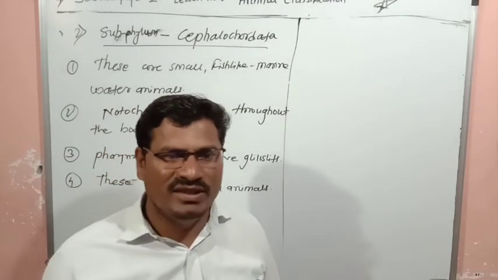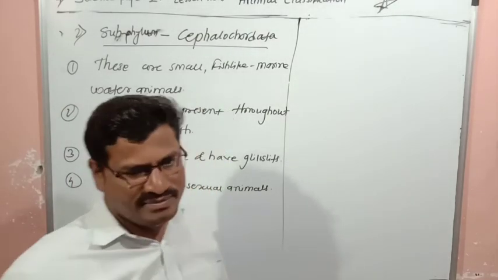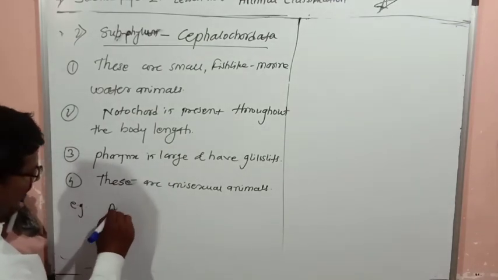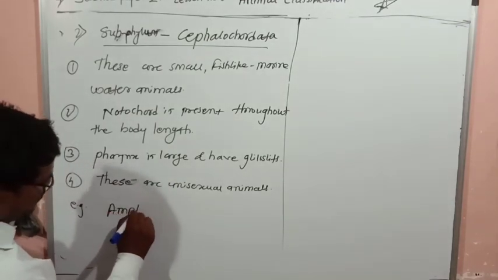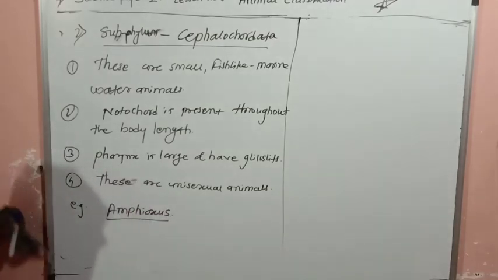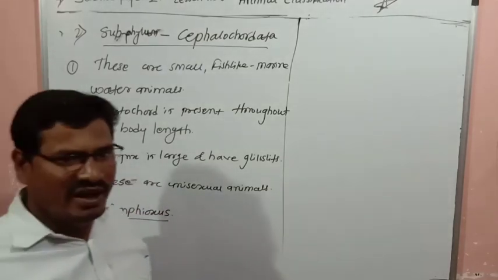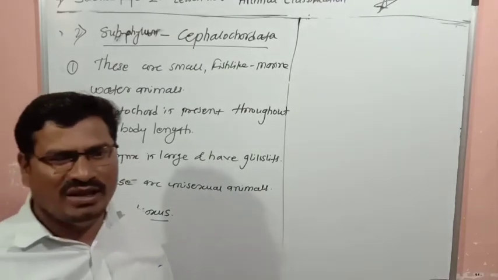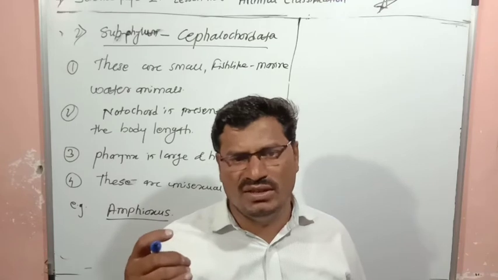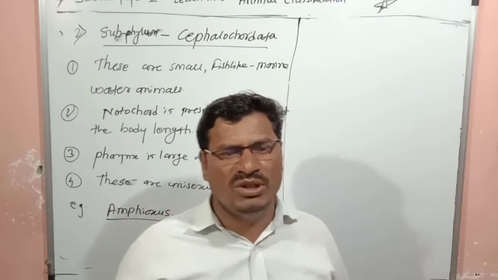And the example is Amphioxus. You can draw the diagram, and in the diagram nerve cord will be there, notochord will be there.